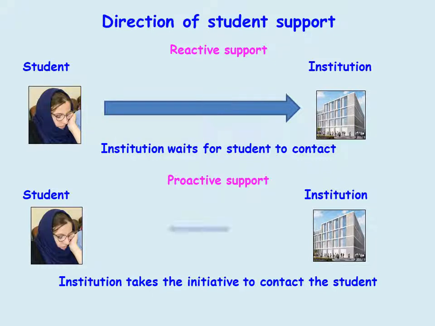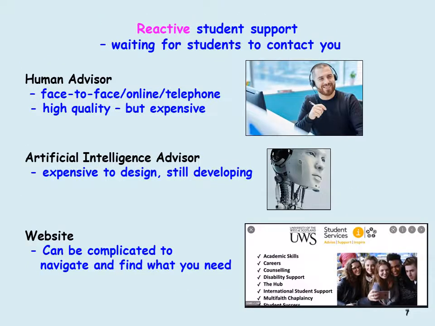That is, you taking the initiative to contact students without waiting for them to contact you first. This distinction is important, as we'll see in a moment. But first, let's look at reactive support. This is waiting for students to contact you. And there are three main ways you can offer reactive support to students.